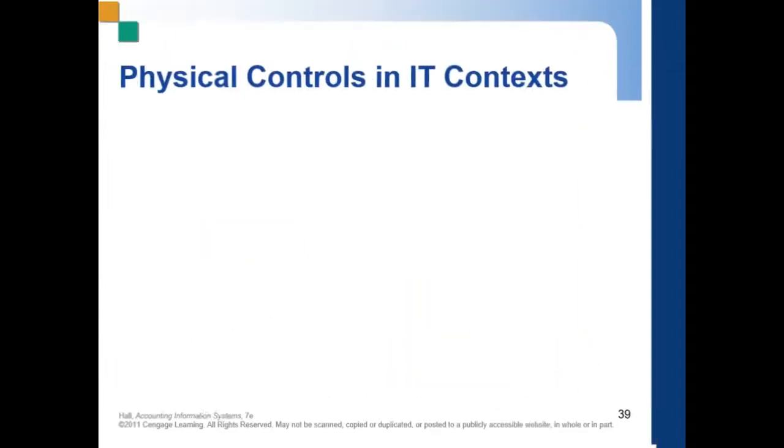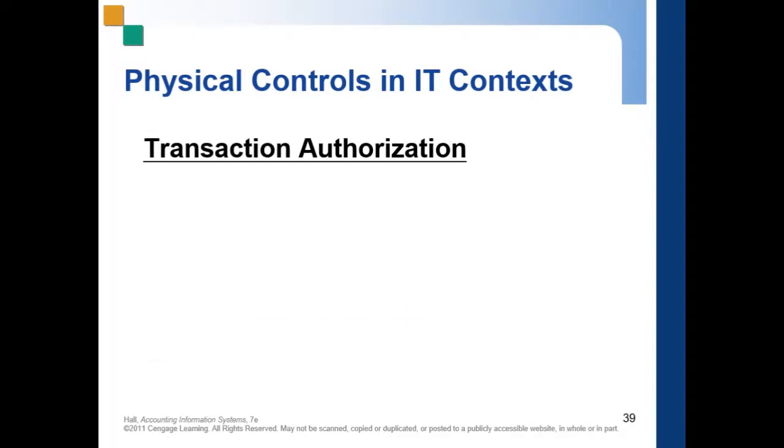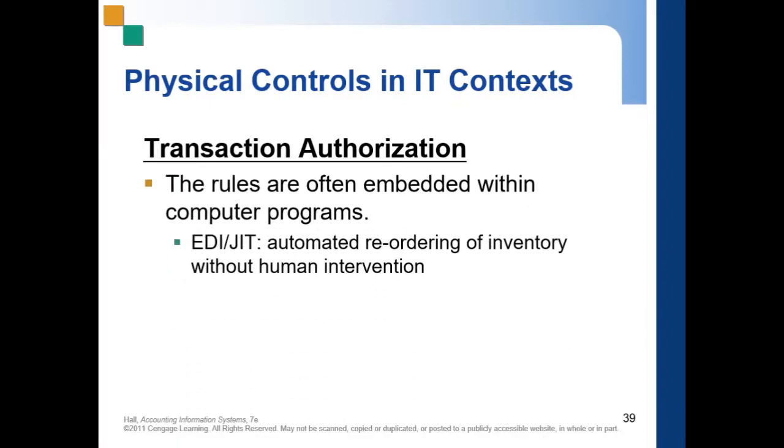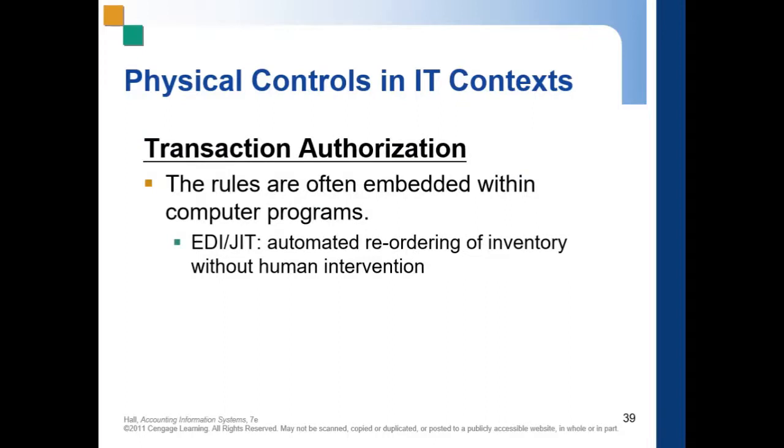of duties. Now, if we put on the physical controls in IT context, meaning katong na-apply na sa IT, no? For example, transaction authorization, the rules are often embedded within the computer programs or naay EDI or JIT, wherein JIT, just in time, automated reordering of inventory without human intervention. So, kani siya is naka-integrate na ang system ni supplier ug ni company.